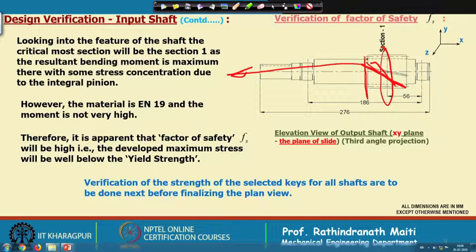Remember that if we change the direction of rotation or helix angle, then load distribution over this bearing will be different, and due to that we do not want to use other size bearing.